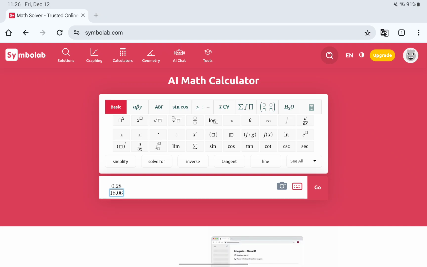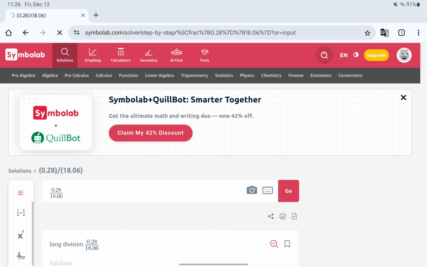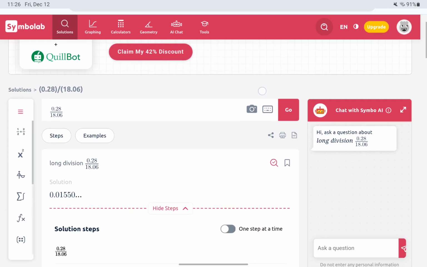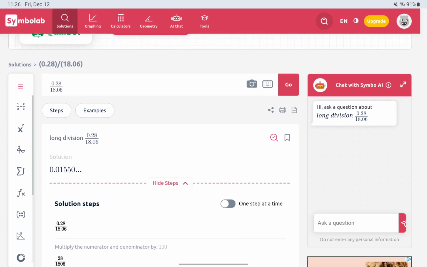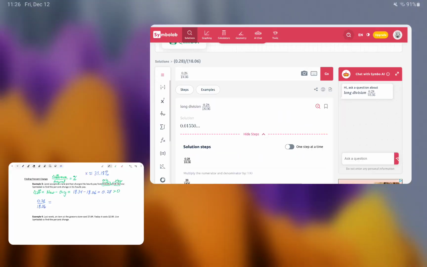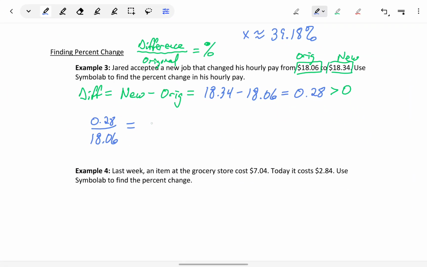It goes ahead and sets that up in a fractional form when it does that division step. But we click go or press enter, and we get the answer 0.01550. Which again continues on, it's just giving us those first several decimal places.